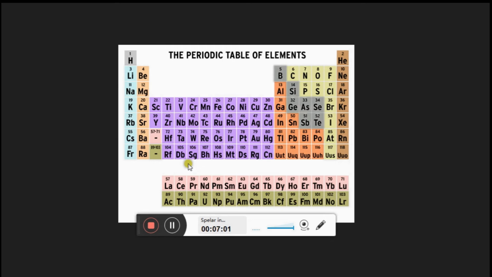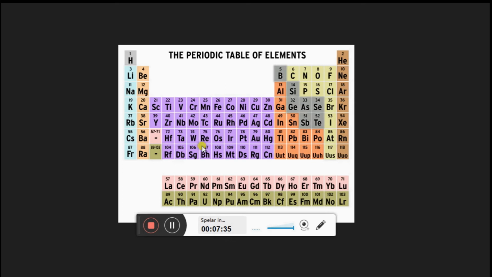Here the names and symbols are given, just like hydrogen, lithium, sodium, potassium, then magnesium, calcium, copper, zinc, and here carbon, nitrogen, oxygen, then helium, neon, argon, krypton. And these are arranged in different ways.